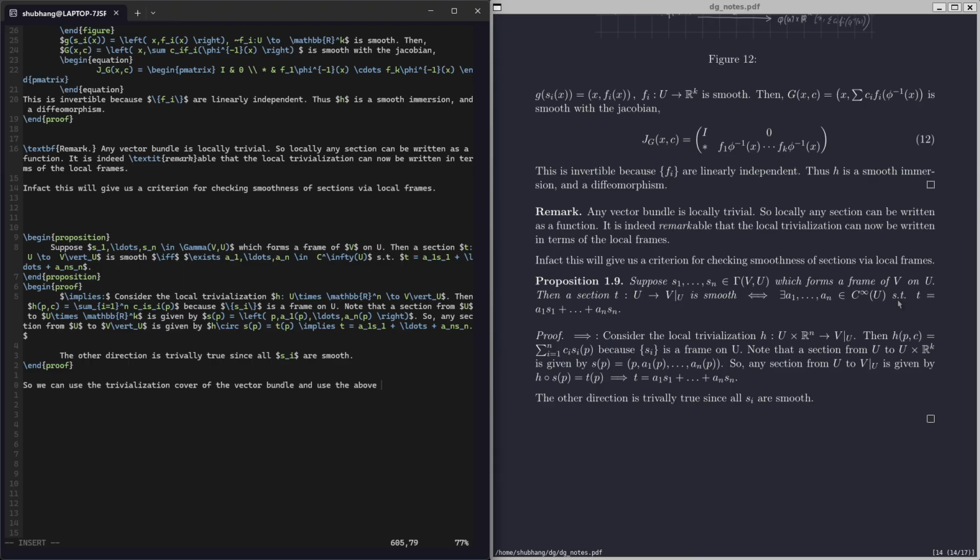And the above result is used to show smoothness of a section.